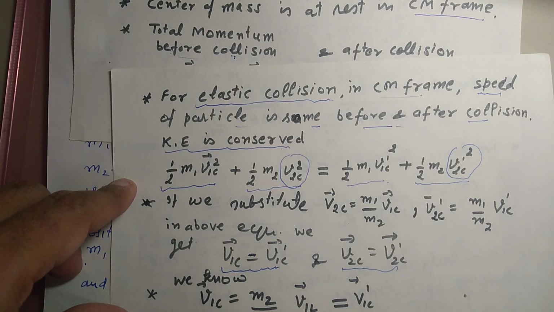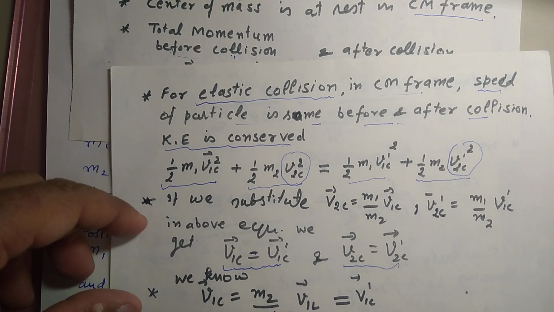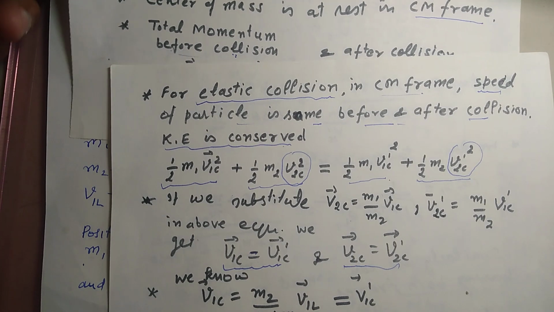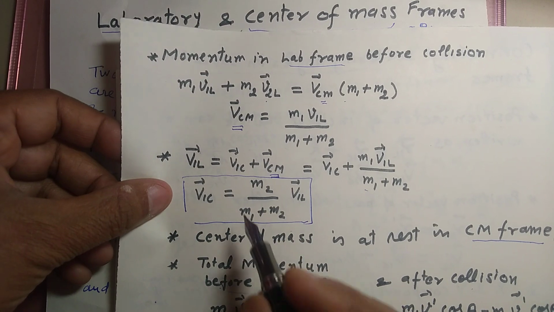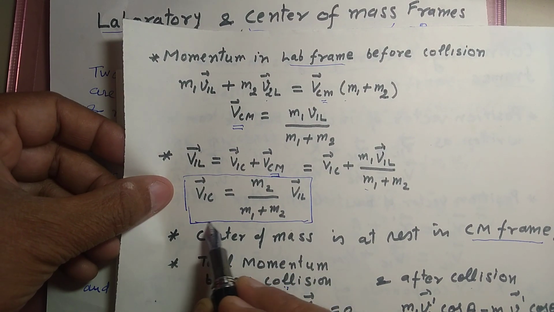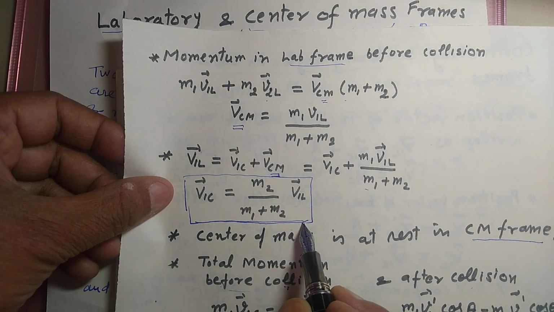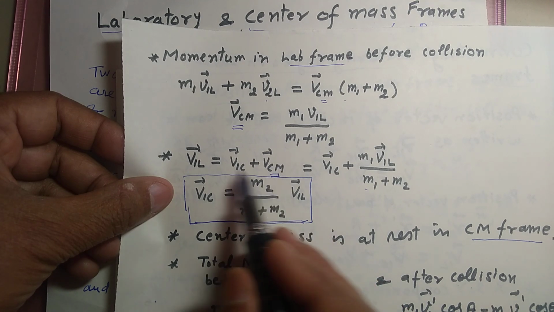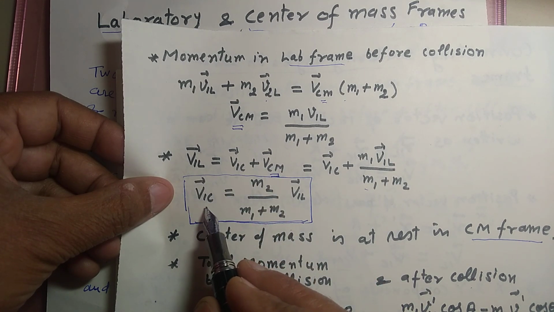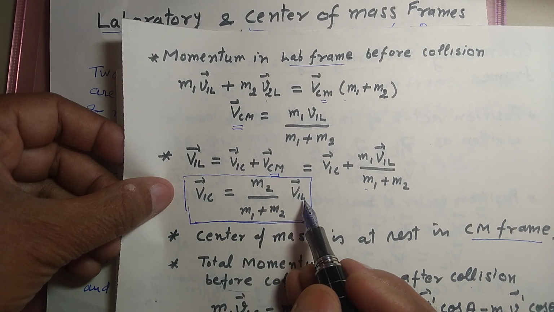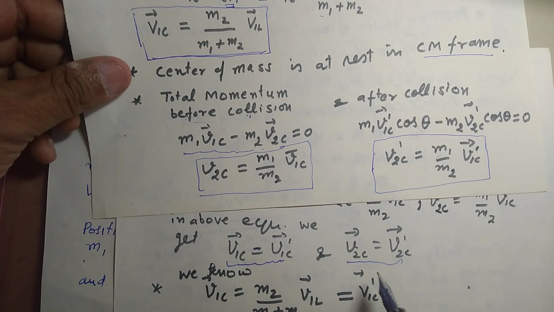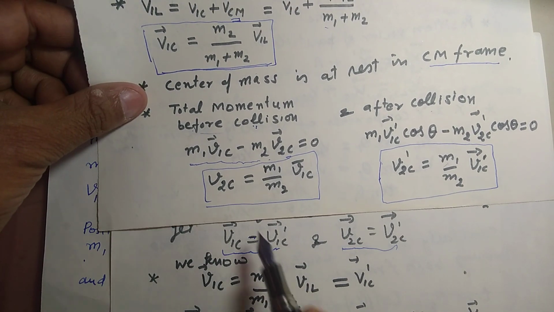And earlier we derived the expression for this v1c. On substituting the value of vcm here, we can get the value of v1c is equal to m2 divided by m1 plus m2 times v1.